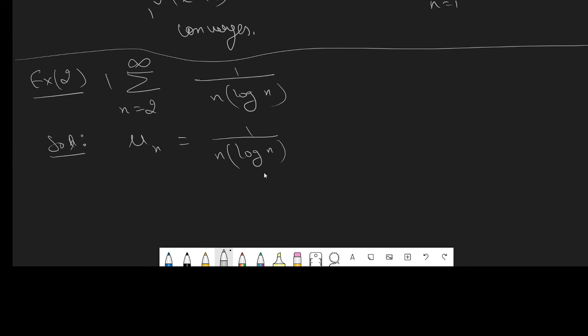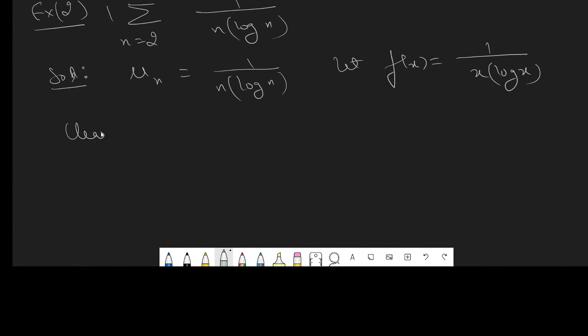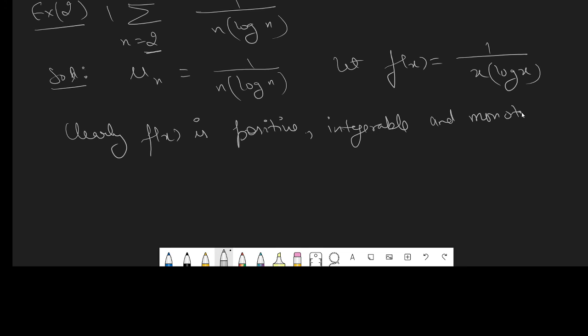So the function will be 1 by x log x. You can see that this function is positive because we are starting from 2, integrable and monotonically decreasing also.